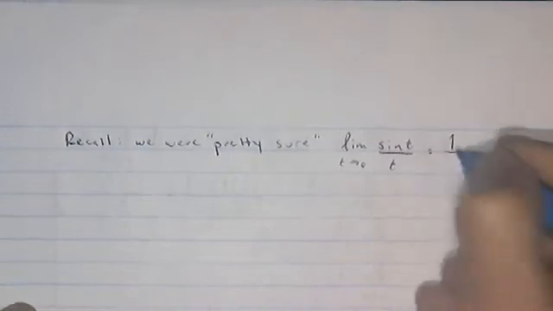We looked at the calculator, it seemed like it was 1. But pretty sure is not necessarily a high enough burden of proof for most things in math. We like to be very sure, beyond a reasonable doubt. And so we're going to prove it.